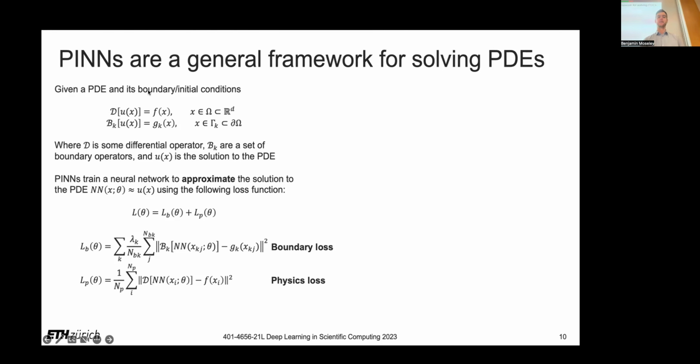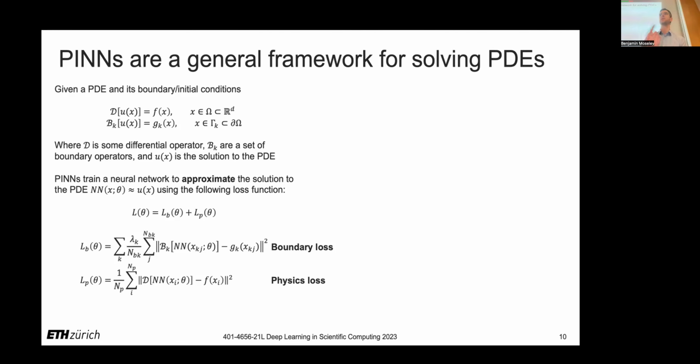So how do we abstract this? This is just PINNs for solving PDEs, the basic case. We say we have this differential equation, and how do we write it? We have the solution to the differential equation, which is u of x. x here is a vector, so it could also contain time.